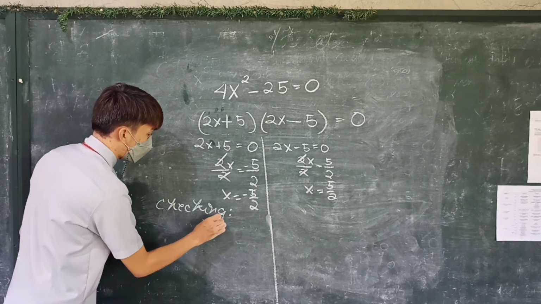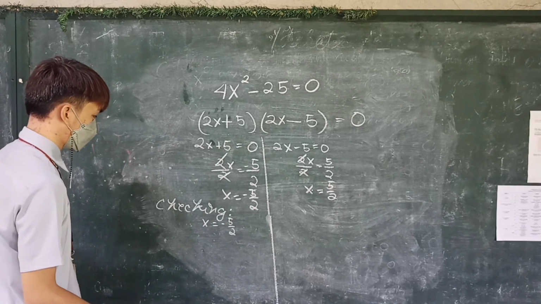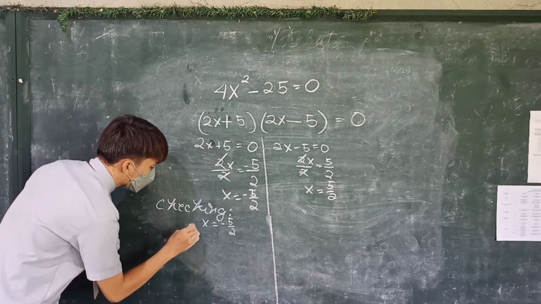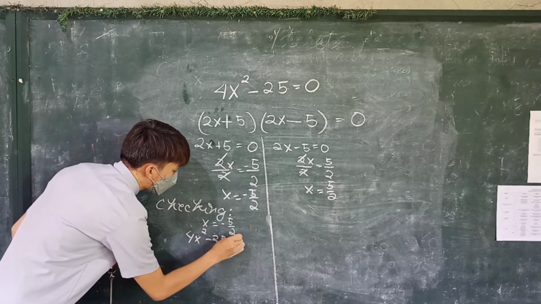First, we have x equals negative 5 over 2. So it's 4x squared minus 25 equals 0.